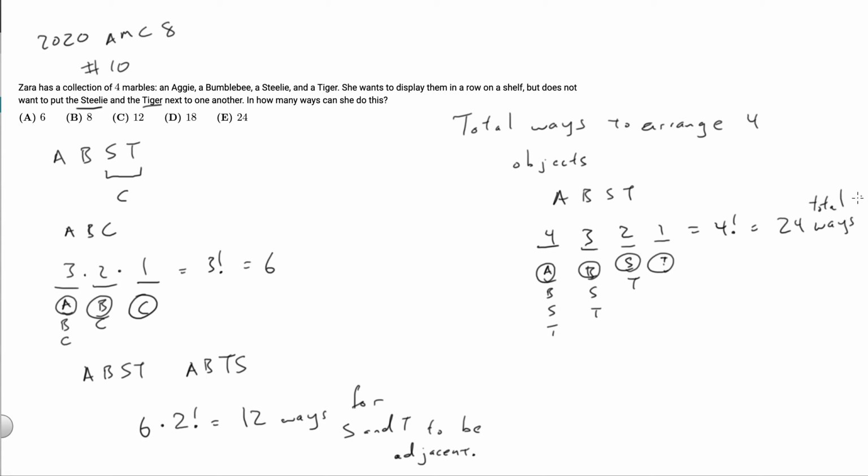So we're going to do 24 minus 12 will give us 12 ways. So just an explanation, this is our total number of ways.